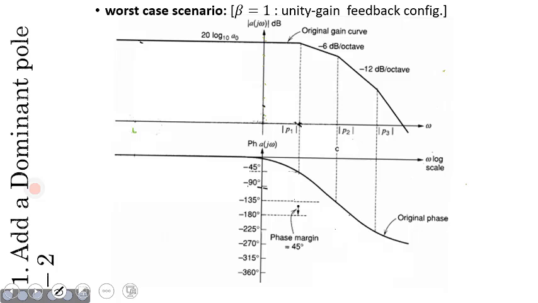So now let us come back to our subject. Having a beta equal to 1 creates a worst case feedback around this open loop transfer function, correct? Now, when we have a beta equal to 1, where exactly would our closed loop magnitude plot lie? It would be at 0 dB, right?